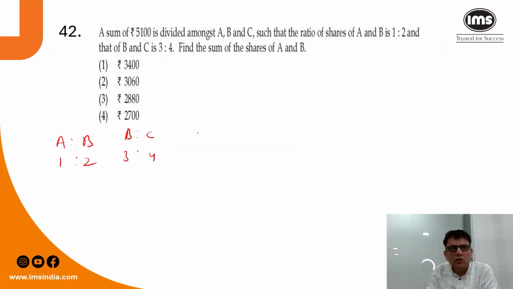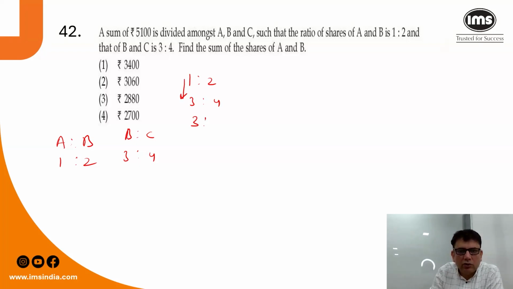So we have to combine these two ratios. The shortcut way would be 1:2 is A to B, 3:4 is B to C. So first multiply this 1 into 3, then multiply this 3 into 2 is 6, then multiply this 4 into 2 is 8. This is one way, or the school method in which we create the common term as equal.